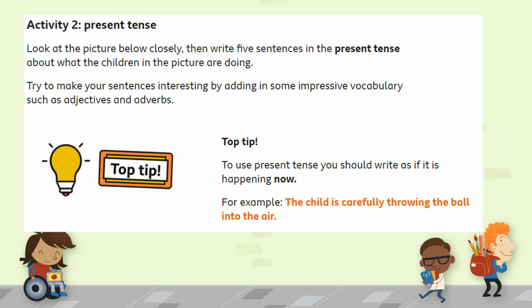Try to make your sentences interesting by adding in some impressive vocabulary such as adjectives and adverbs. Top tip: to use the present tense, you should write as if it is happening now. For example, the child is, so that is what tells us it's happening now. The verb to be: the child is carefully throwing the ball into the air.